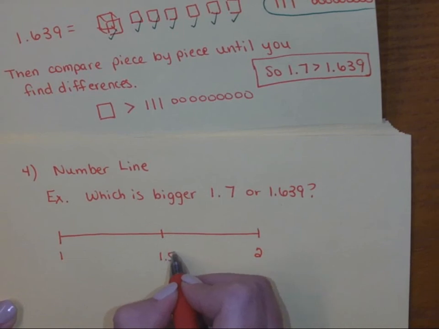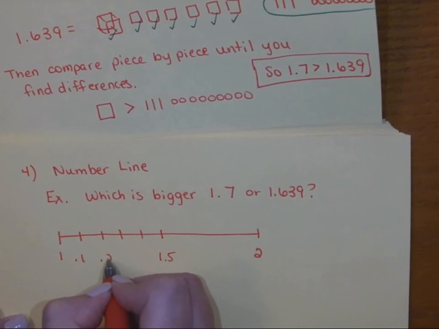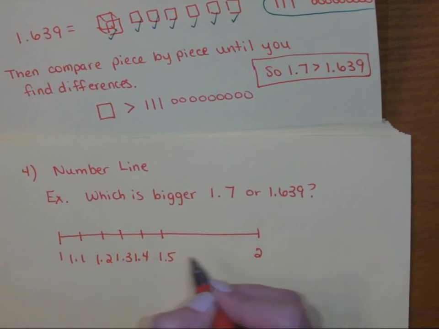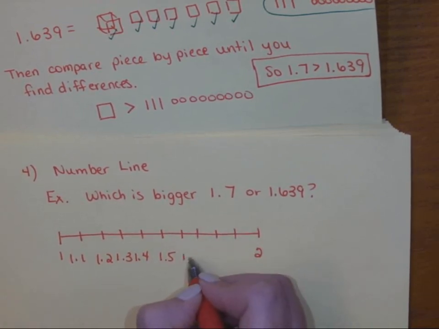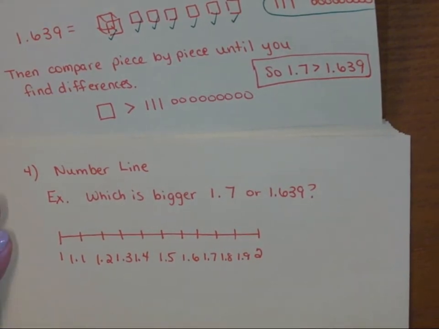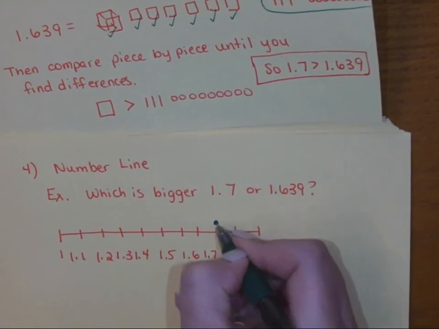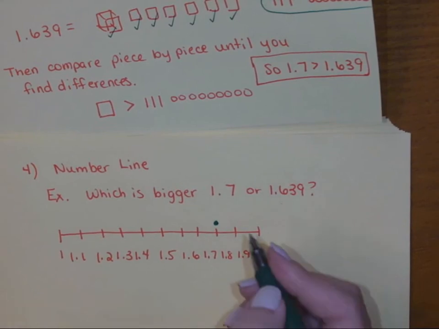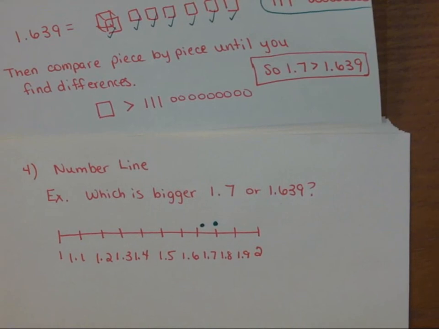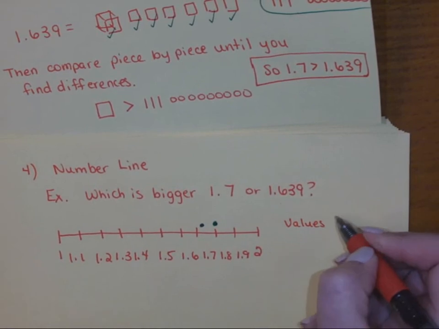So notice in the middle we have 1.5, right? So if we list all the decimals in between 1 and 2, and then we're just going to plot what these numbers are. So notice 1.7 would be about right here, whereas 1.639 is closer to 1.6, so maybe about right here. So you'd want to choose a scale appropriate for what you have, and notice values on the right are bigger as they are on all number lines.